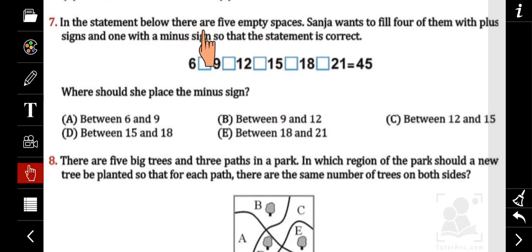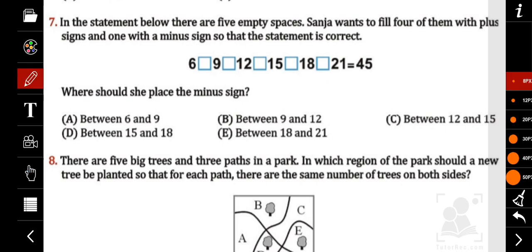In the statement below, there are 5 empty spaces. Senja wants to fill 4 of them with plus signs and 1 with a minus sign, so that the statement is correct. Let's do it with the hit and trial method.